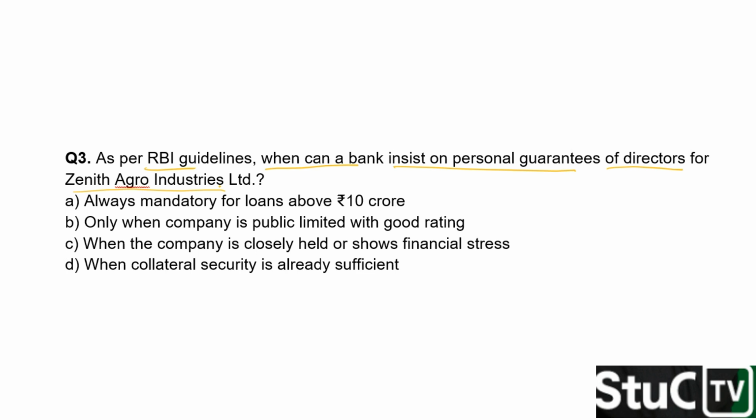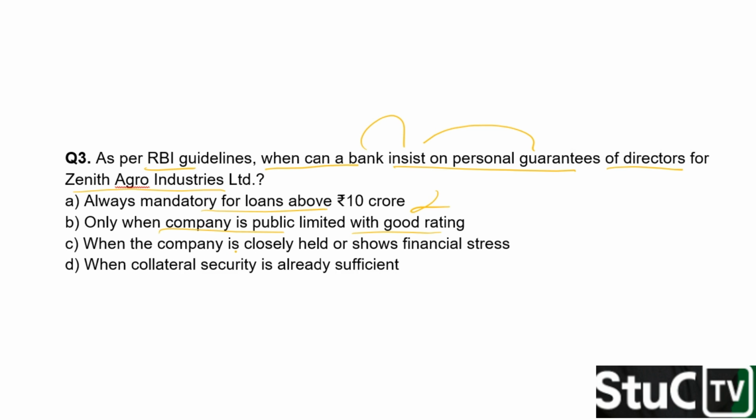If you are not aware, just watch the video and come back, and you'll be able to answer this easily. First option, always mandatory for loans above 10 crore. Wrong. RBI is not mentioning any such amount. Only when the company is public limited with good rating. Actually, the question is for when the bank should insist for personal guarantee. So here they're saying the company is public limited and also has a good rating.